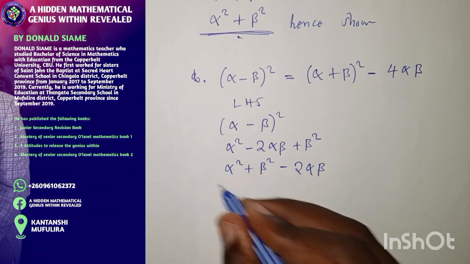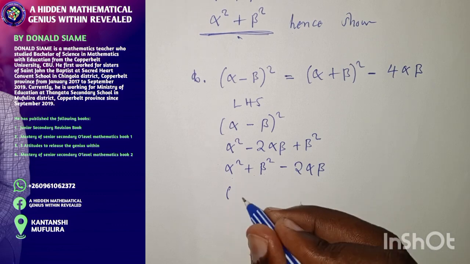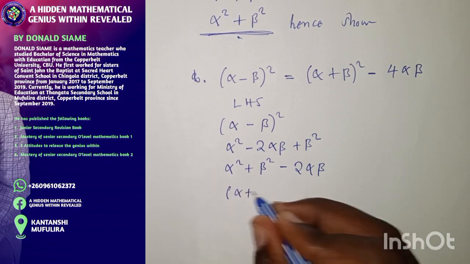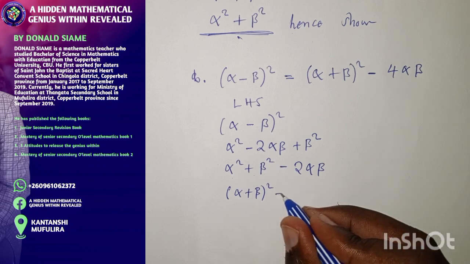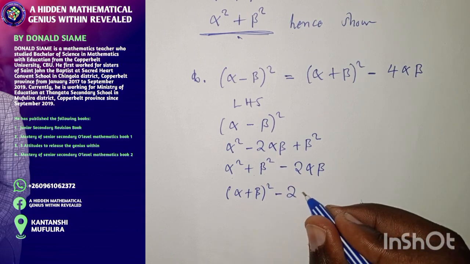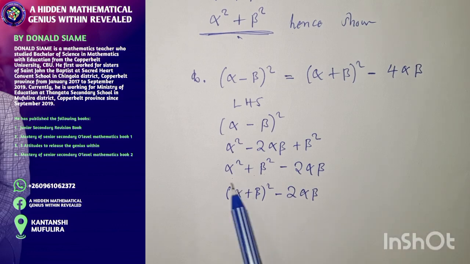So where there is alpha squared plus beta squared, you put the square of alpha plus beta minus 2 alpha beta. So we have the square of alpha plus beta minus 2 alpha beta.